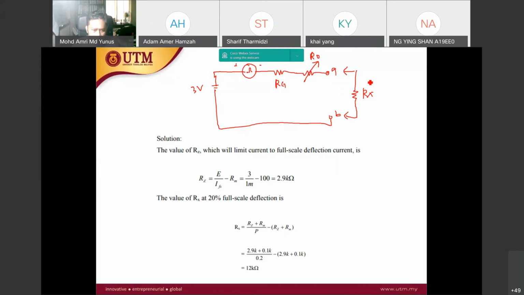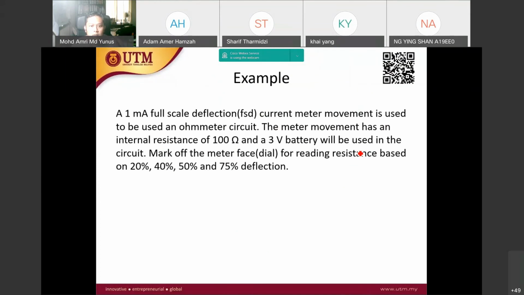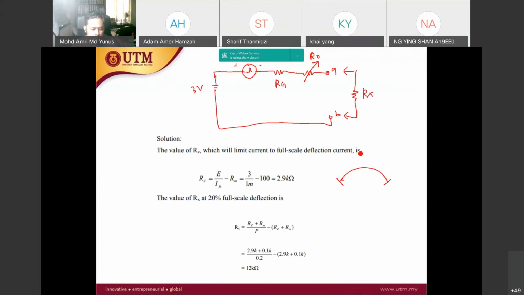So the thing is that we want to know what the value is when the deflection is at 20%, 40%, 50%, and 75%, if I'm not mistaken. This is basically zero deflection, 0%. This is basically 100%.